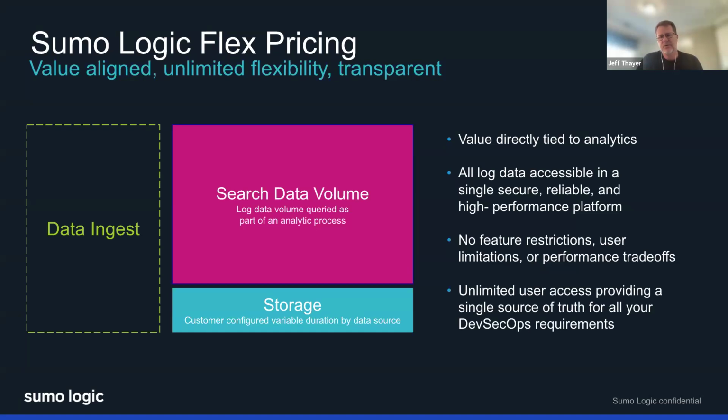We ask you to think about if it is even affordable to bring the data in. We ask you to think about the type of analytics you need to run against it.